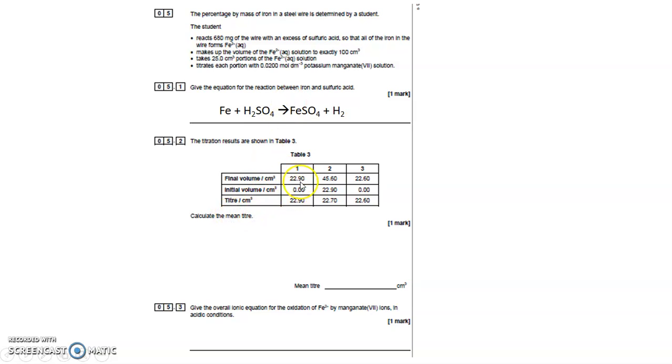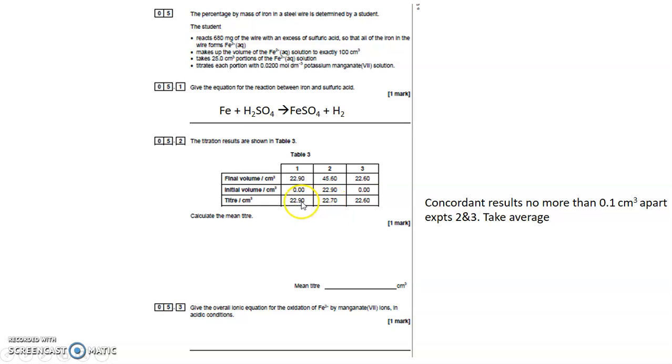Calculate the mean titre from these titration results. Titre is a volume, so let's have a look at the volumes that we've got. Titration number 1 gave 22.90, 22.70 from titration number 2, and titration number 3 22.60. For concordant results, i.e. those are results that are close enough for us to use, they must be no more than 0.1 apart.